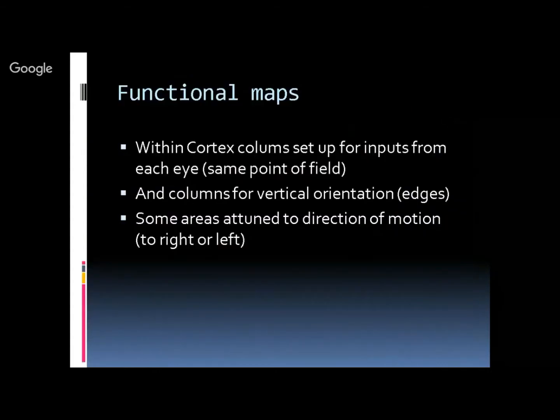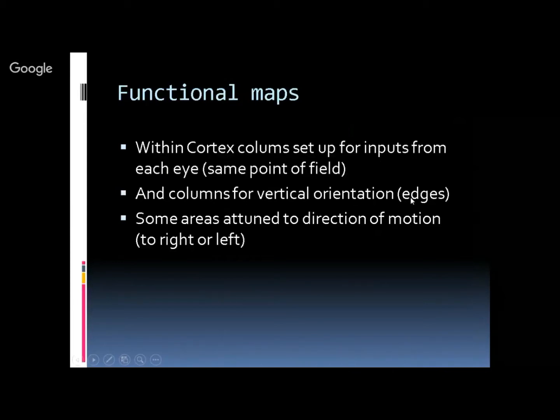Okay, so functional maps. Within the cortex, there are columns set up for inputs from each eye from the same point in the visual field. So again, the cortex is set up by fields, and you'll get input from both eyes because they both contain that point in the field. There are also columns for orientation, which pick up edges.